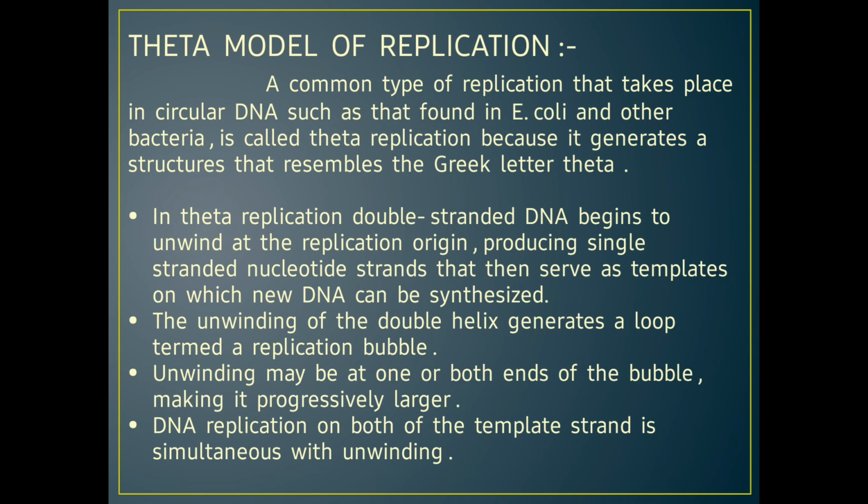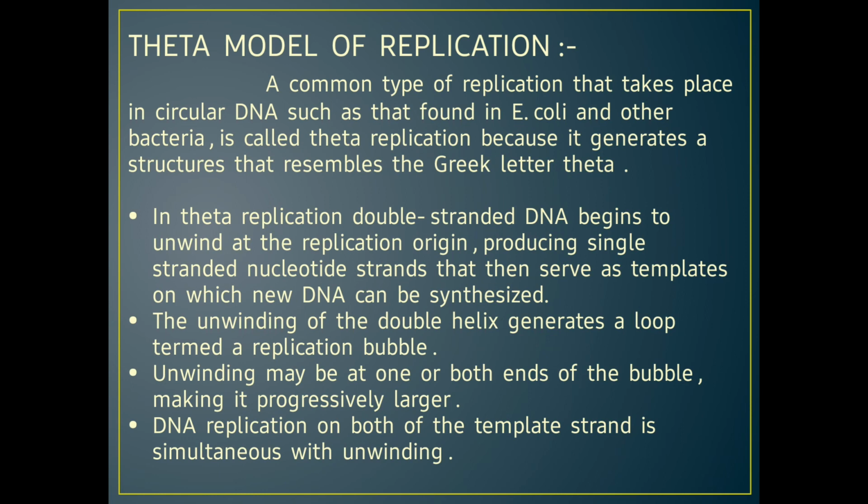The same process is happening here too. Unwinding the double helix generates a loop, a replication bubble. So when the double-stranded helical structure unwinds, it forms a loop structure, a bubble structure. Unwinding may be at one end or at both ends, and the DNA replication of both template strands is simultaneous with unwinding.